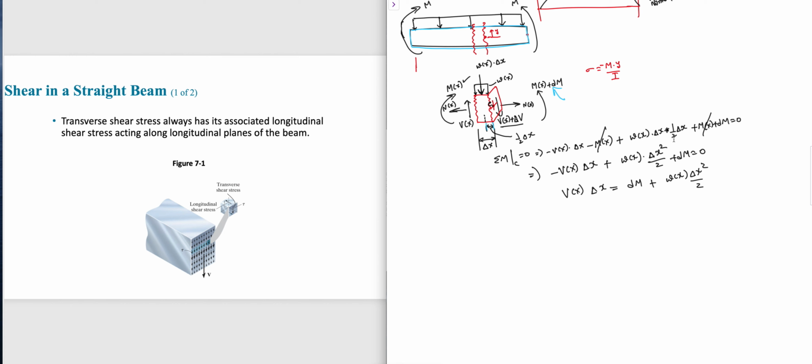If I rearrange this, and let's take limit delta x goes to 0. What it means is we are taking a very thin strip. So this delta x should be so small. So I'm taking it to be so thin. So this delta x square will be going to 0. That implies we get V of x is dM over dx.